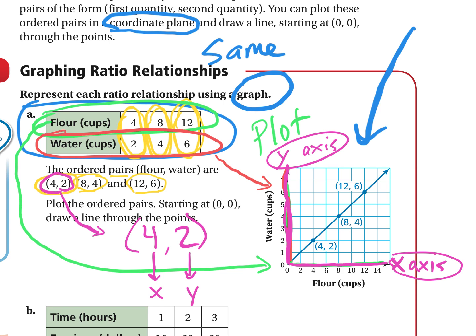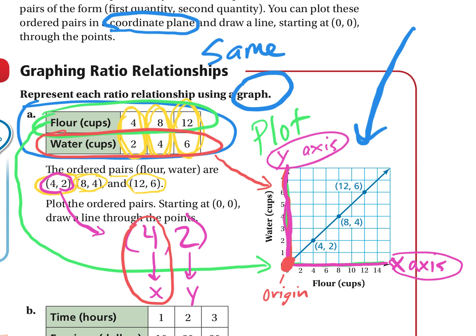So we take our value, our 4, and we start at this point where the lines intersect, and that's called our origin. Origin is just the starting point, so we always start at the origin.